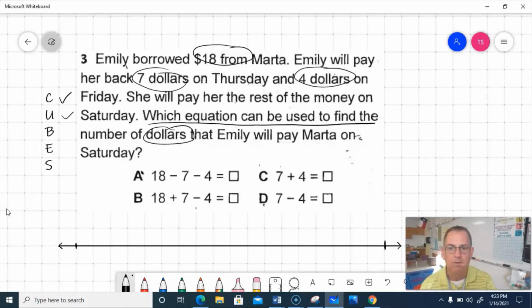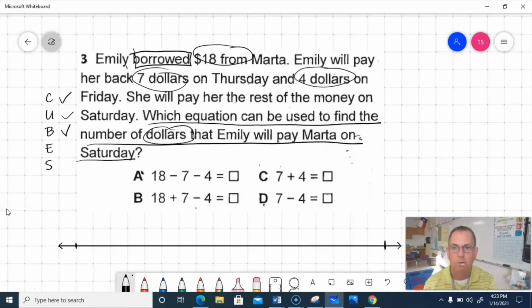Which equation can be used to find the number of dollars that Emily will pay Marta back on Saturday? Box in operational clue. Box in borrow right there. It's money she will borrow. And she'll pay back some money right there. And right here, she will pay the rest of the money.